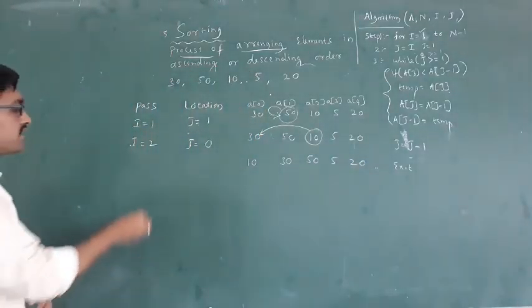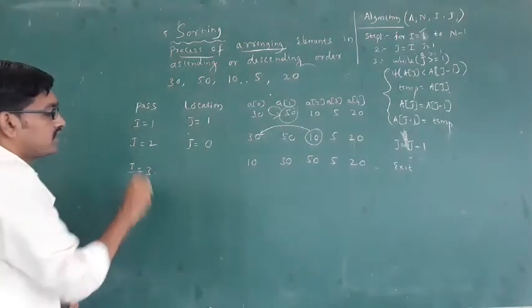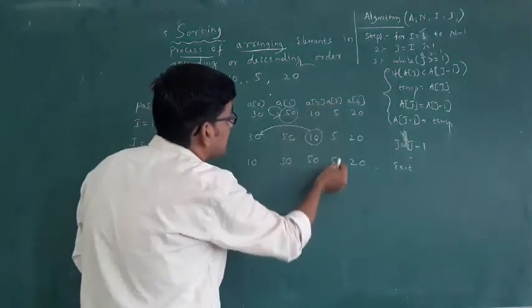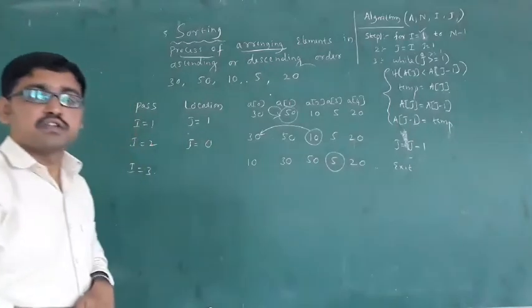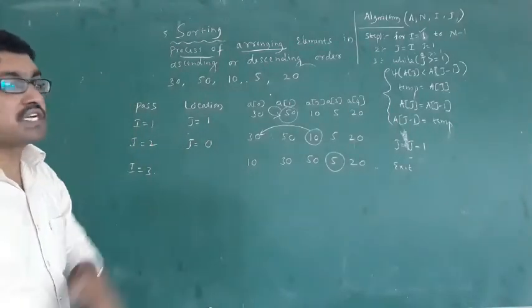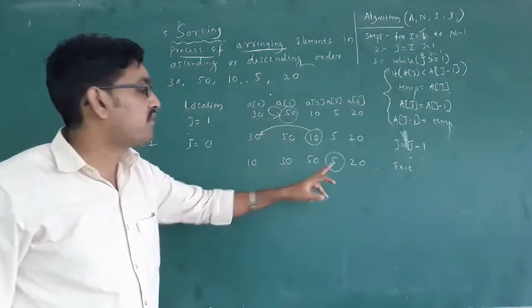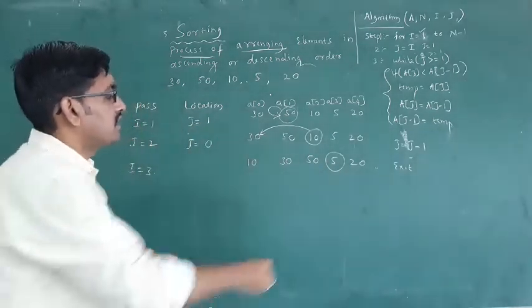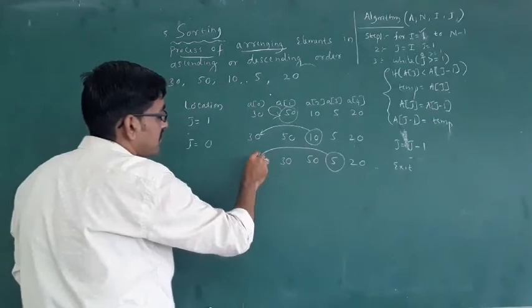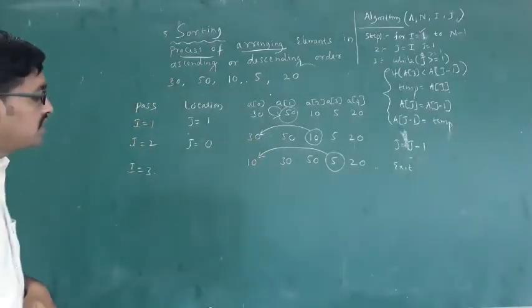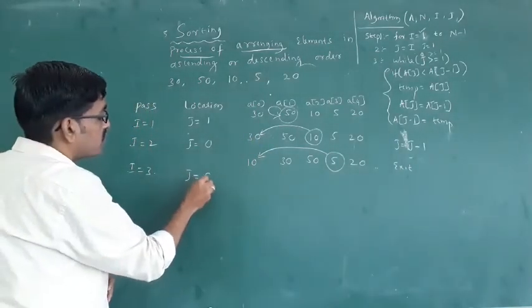Okay, the next i equal to 3, round up 3. Then in which position do you have to insert 5? In which position is it correct to insert 5? See in the position 0, j equal to 0.